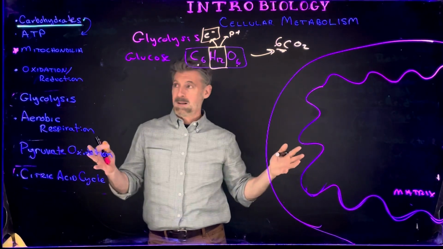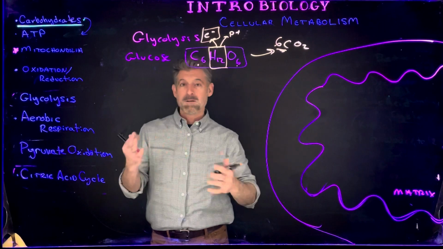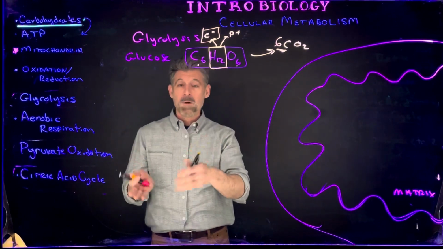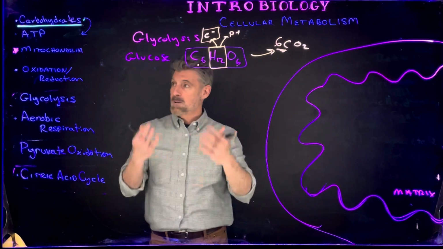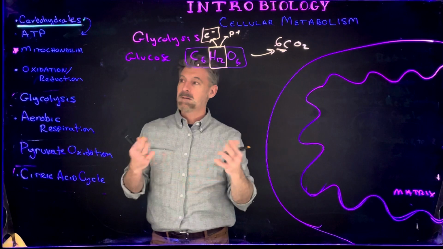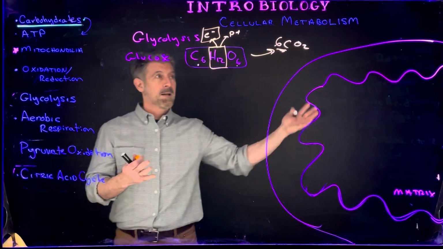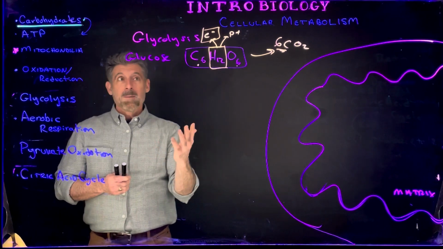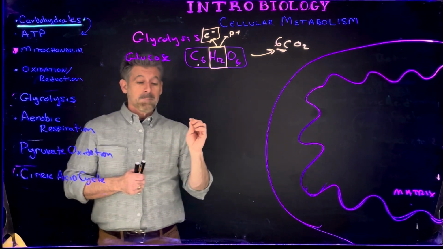This whole process is linked to a whole bunch of oxidation events where electrons are removed from one thing and then given to something else. So understanding a little bit about the individual elements is really helpful. So let's talk about glycolysis for a second.